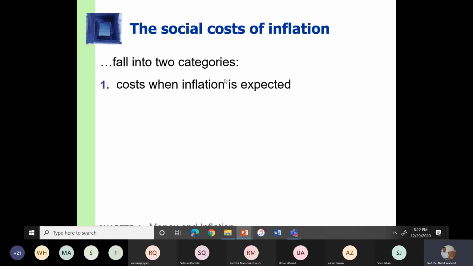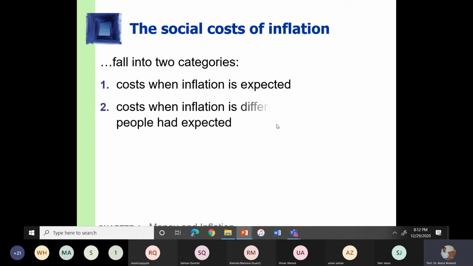Cost when inflation is expected. There are social costs of inflation, which fall into two categories: the cost when inflation is expected and the cost when inflation is different than people had expected. Because when we have the actual inflation figure also, then we can see the cost would be different.